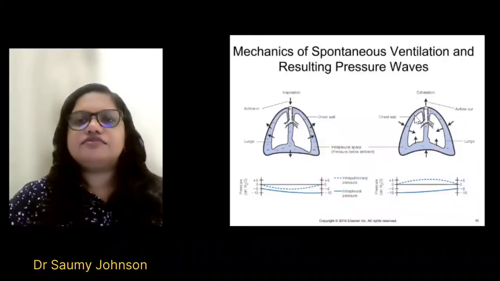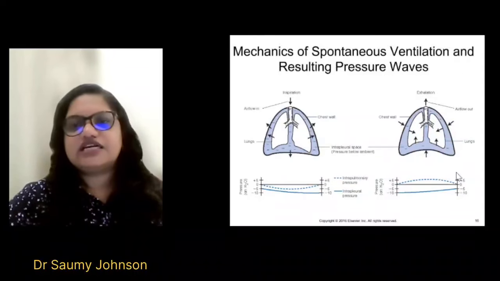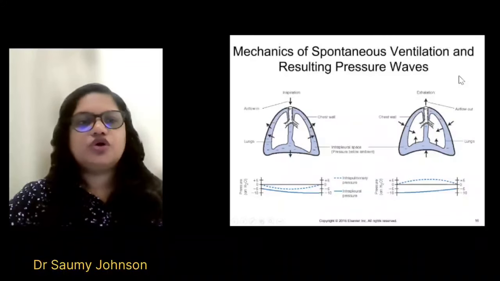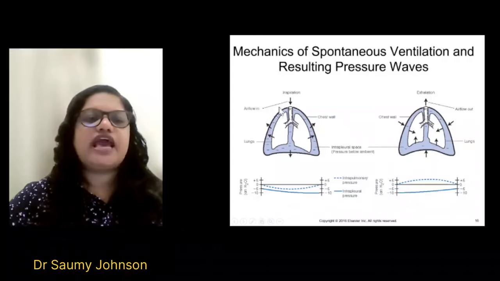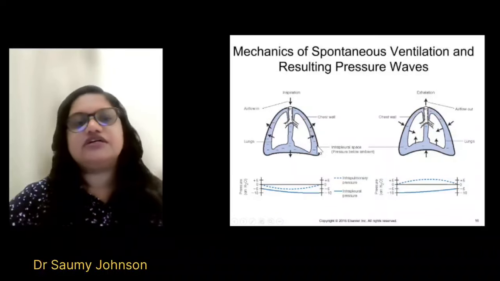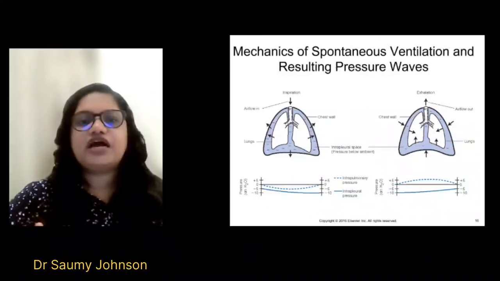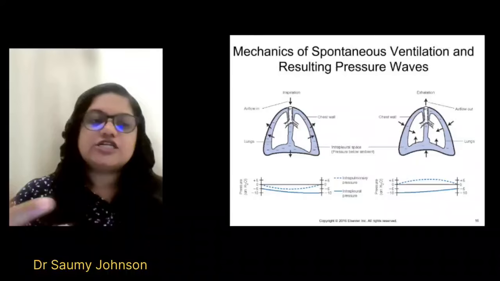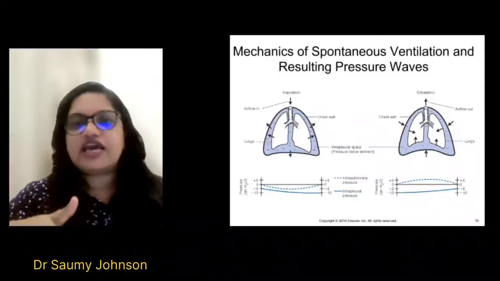Now again, explaining the mechanics of spontaneous ventilation and the resulting pressure waves. So in the first picture, we can see that during inspiration, the air flows in due to the negative pressure that is created due to the contraction of the respiratory muscles, the diaphragm, and the pressure is transmitted from the pleura to the alveolus and the chest is expanded and the air moves in.